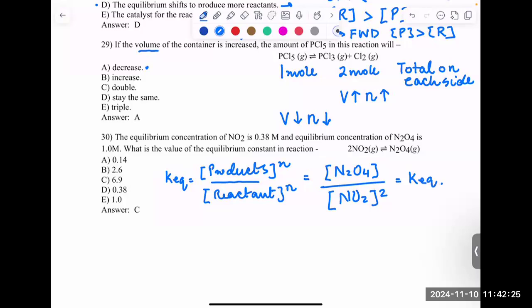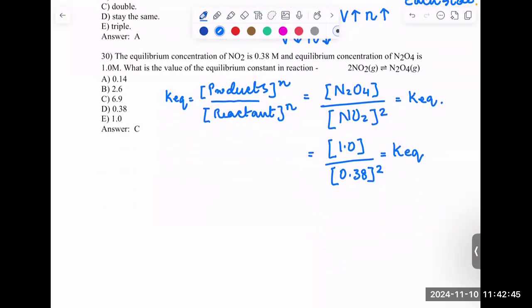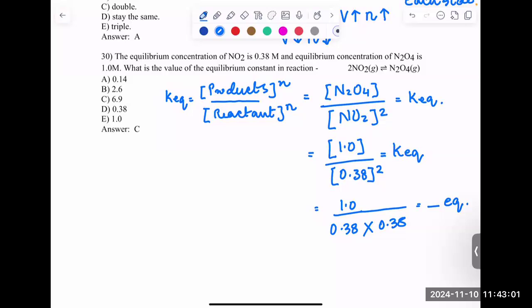Here N2O4 is 1.0 and NO2 is 0.38 raised to the power 2, and this gives you the value of Keq. Always remember that. So this would be 1.0 over 0.38 times 0.38. Square means that. So that is going to give you the value, and Keq has no units.